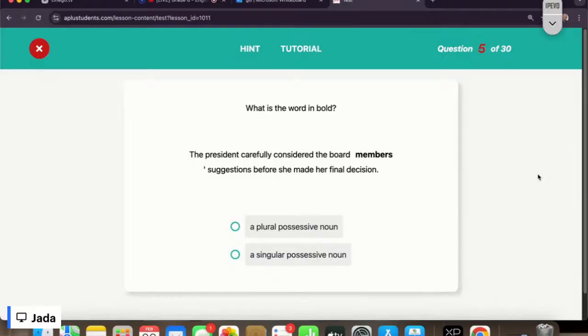So is it plural possessive or singular possessive? Okay, so we have the plural.